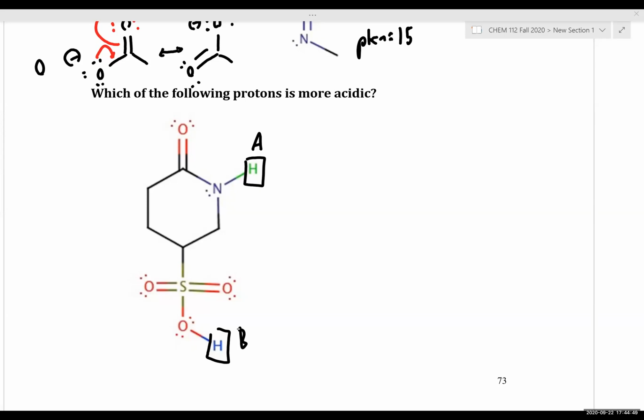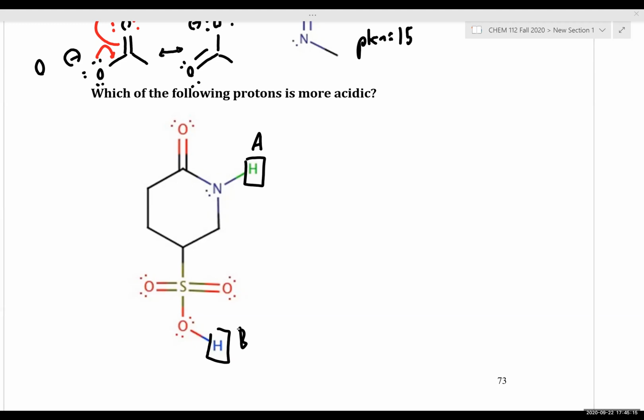So it looks like we're starting to see a consensus for proton B. Let's entertain a few more additional responses, and we'll discuss in about another 30 seconds to a minute. And don't be shy to contradict your classmates if you have a reasonable explanation for which proton is more acidic.